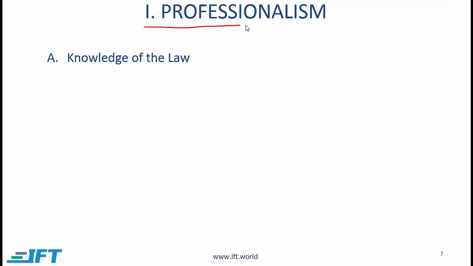The first standard, professionalism, has 4 substandards. Standard 1A is knowledge of the law. And what this essentially is saying is that you, as a candidate or a member, need to know the law. Obviously, part of professionalism is recognizing the law that is relevant to your work.